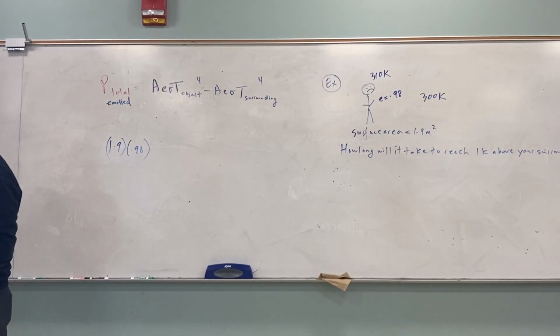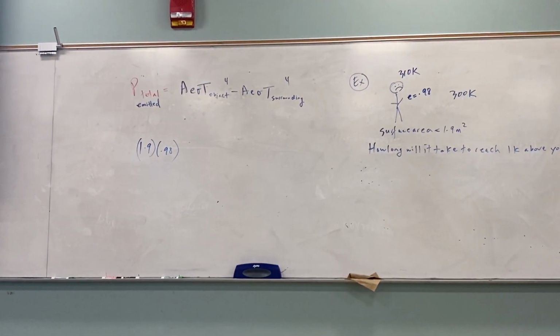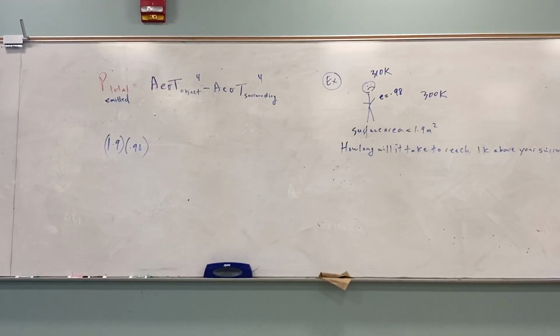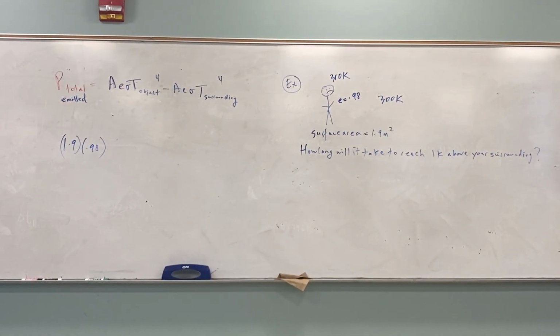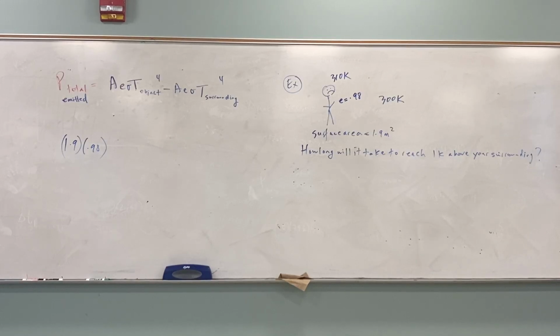5 point, what was it? We didn't write it down, right? 5.68, I think. What was the constant called? Sigma.